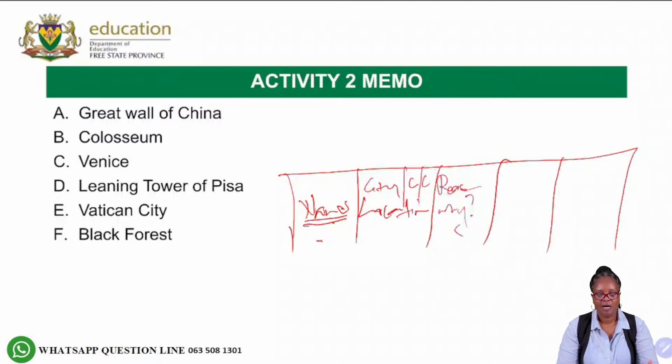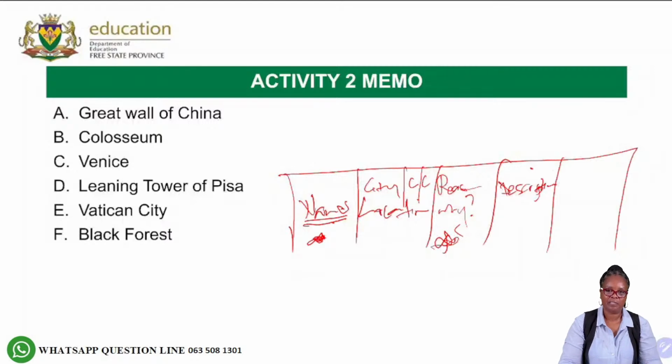Remember, for it to be an icon, it means we are not supposed to get any other icon anywhere. It is unique. So I want those unique reasons here for that icon that we will have written here. Then on this one, I want you to write a brief description about the icon.